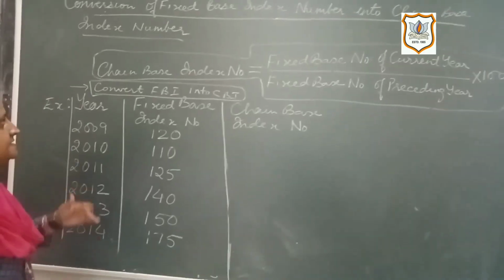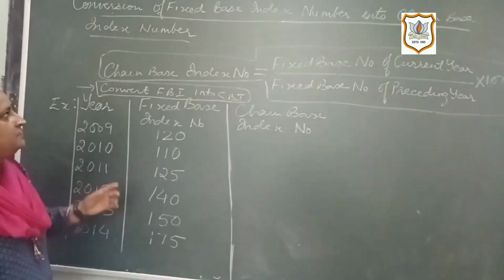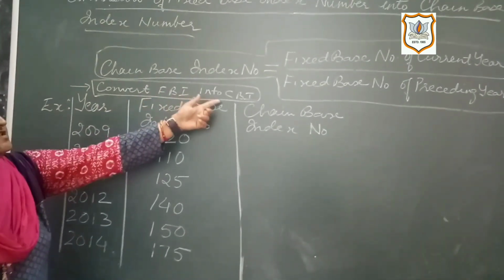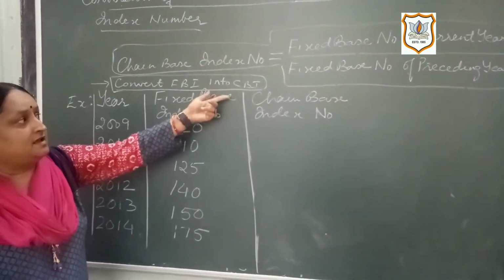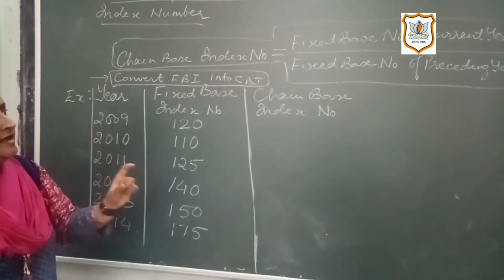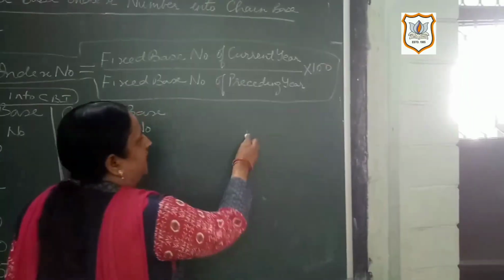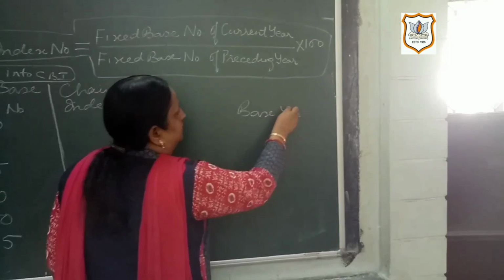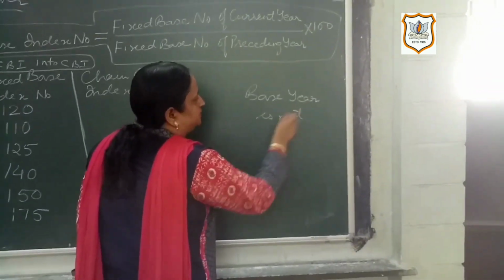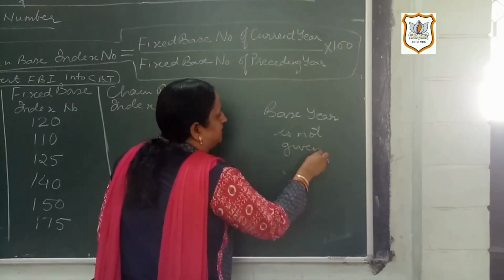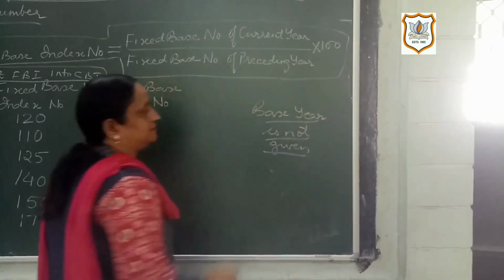Now let us take an example for doing this. Convert FBI into CBI, that means fixed base into chain base. Now the most important thing over here is that base year is not given. This is a very important thing. Base year is not given over here.